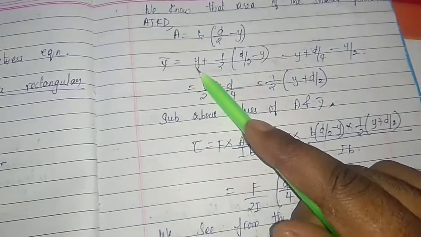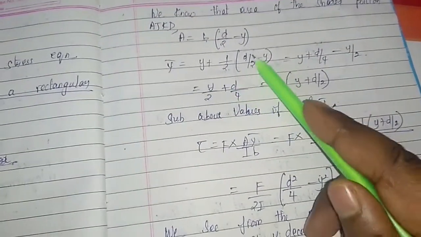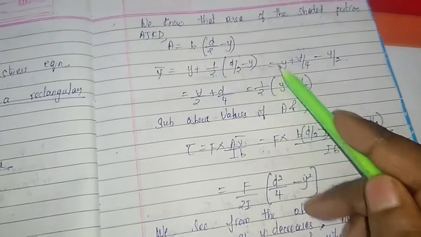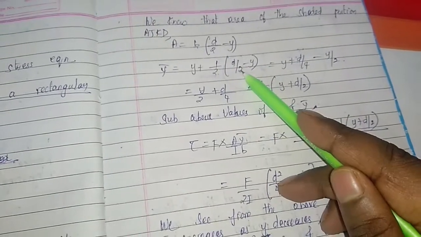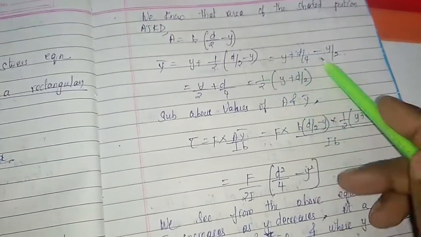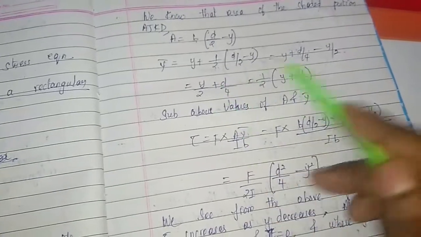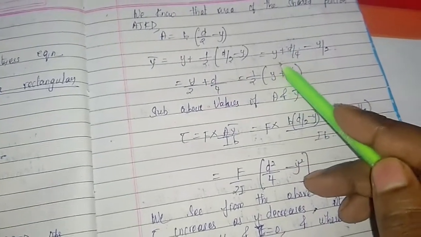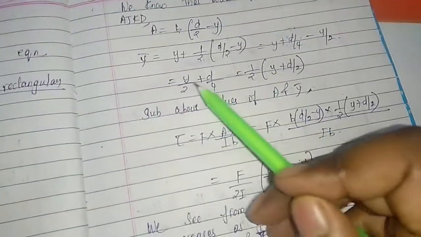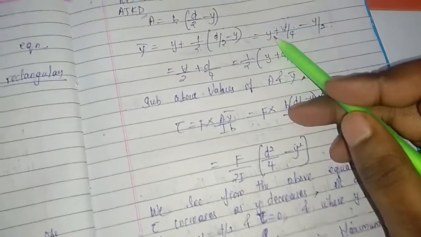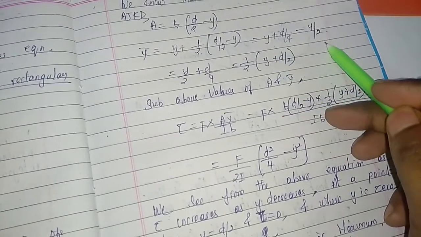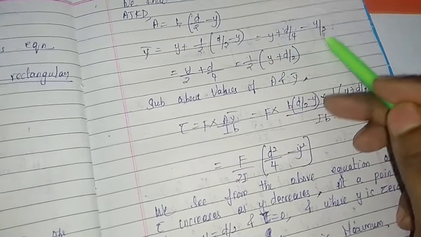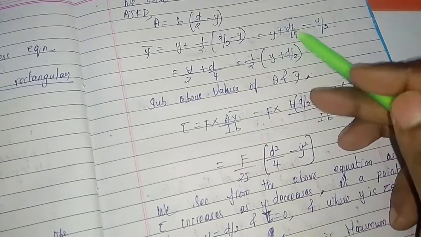That is written here: Y plus half into D by 2 minus Y. If you derive that, taking D by 2 outside, you get D by 4 minus Y by 2 plus Y, which becomes Y by 2 plus D by 4.